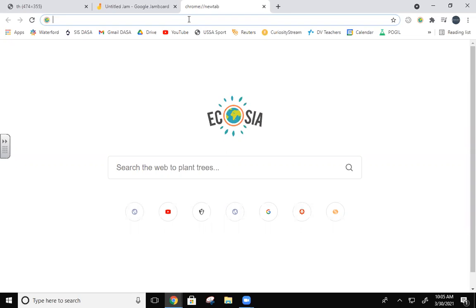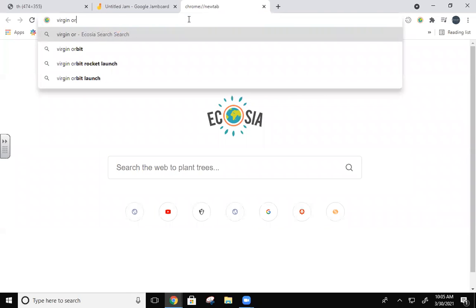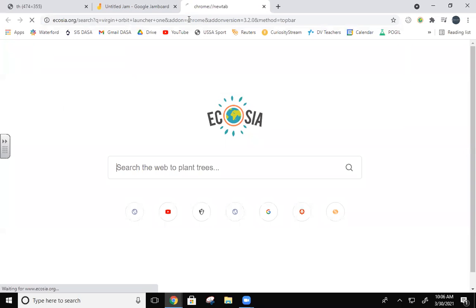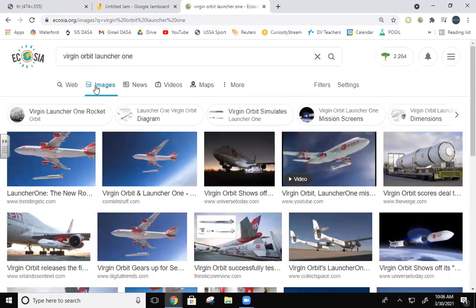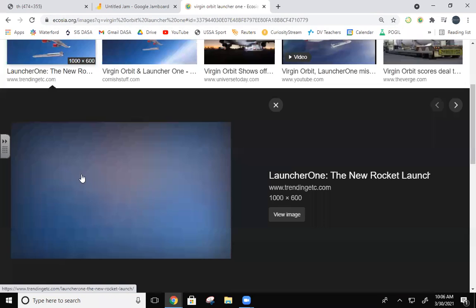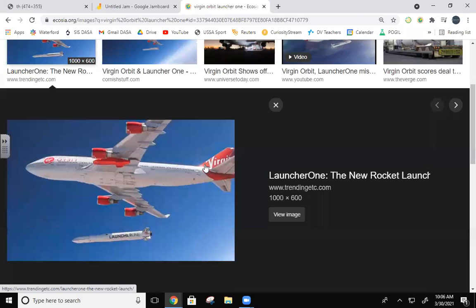The Virgin Orbit Launcher One does that exact thing. It uses a 747 to get into the atmosphere, and it is carried under the left wing of this 747.